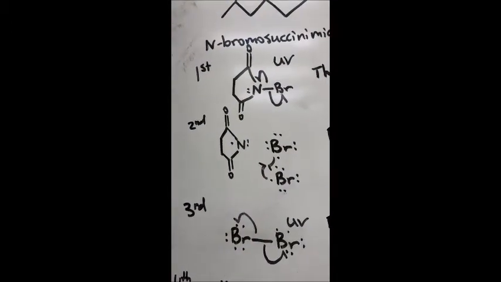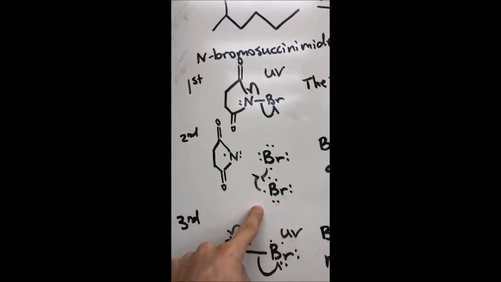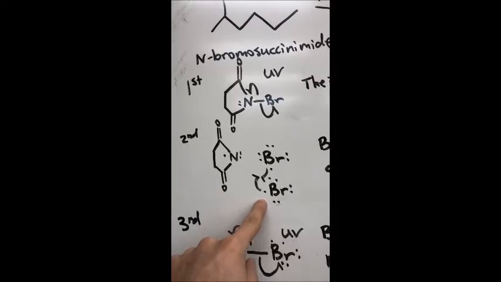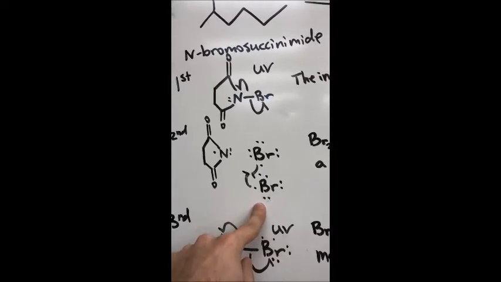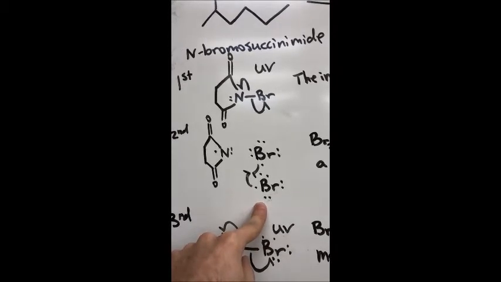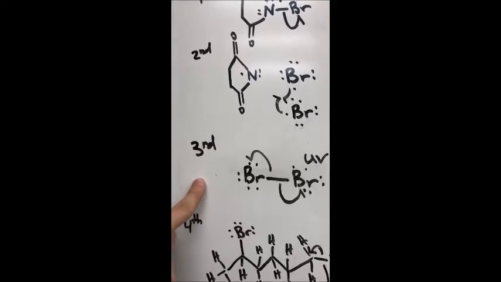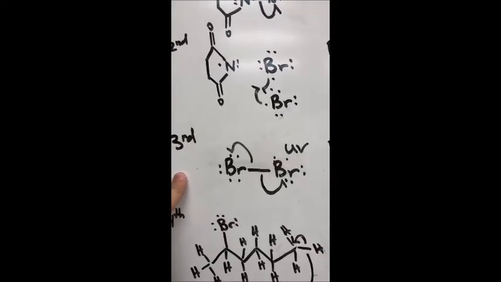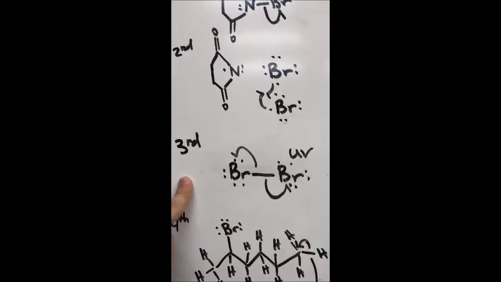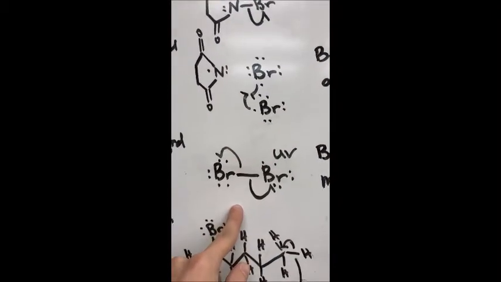In the second step, these two Br radicals combined together and formed Br2. The second radical right here was already present from a second molecule of NBS that was earlier broken by UV light. In the third step, right here, Br2 is forming the radicals due to UV light. So at first they coupled, but now they're splitting.